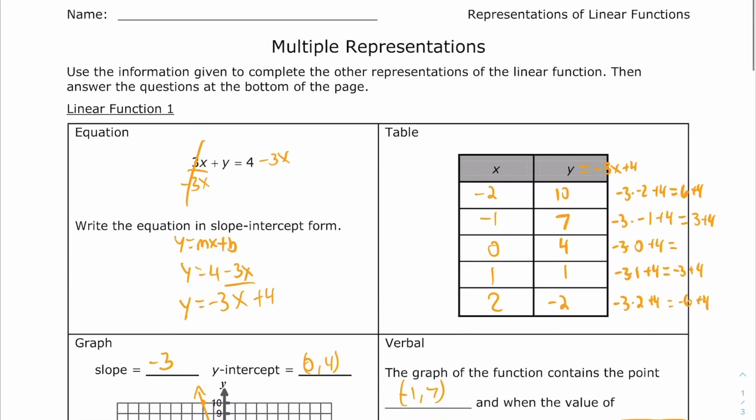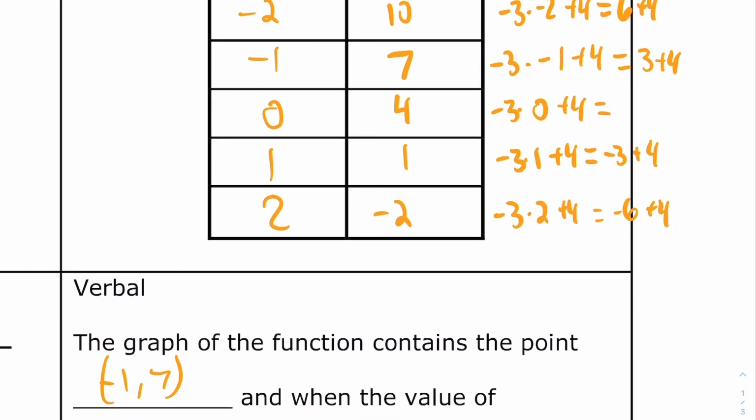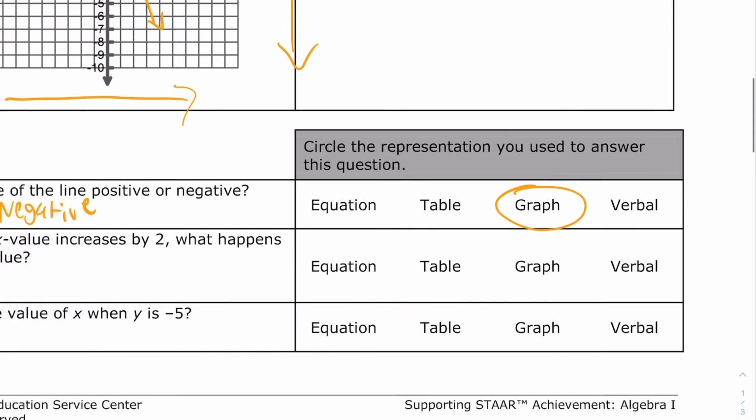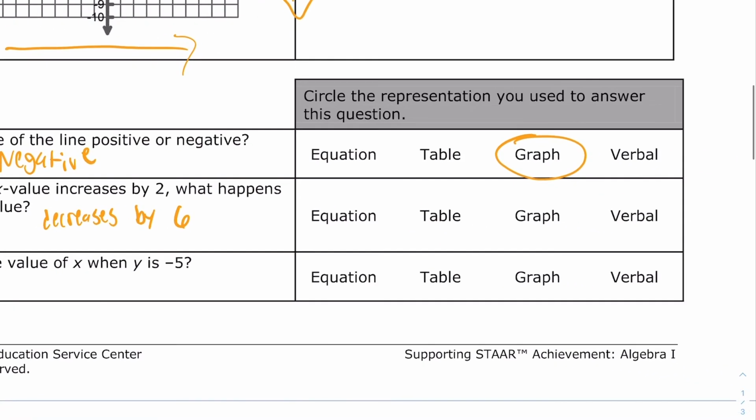But you know what? We can look at the table for this because the graph is getting a little bit crowded now. So when x changes by plus 2, how is the y changing? From 4 to negative 2 is a minus 6. So the y value decreases by 6. And I saw that from the table.